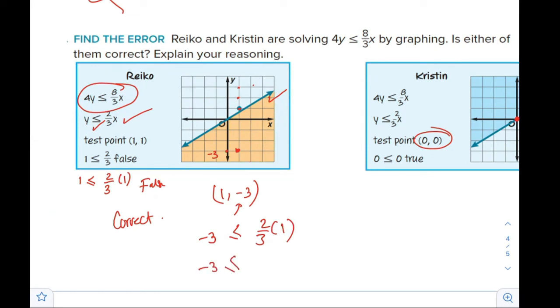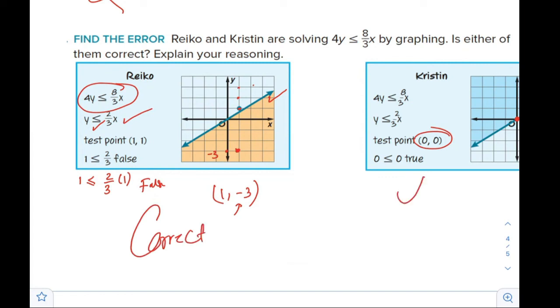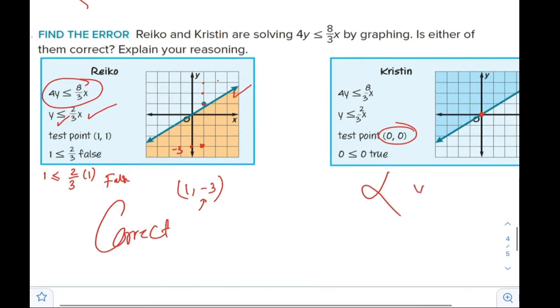Is minus 3 less than or equal to 2/3? Of course, yes. So the shaded area should include this point. You can choose any point. You have an infinite number of test points. So in summary, this is correct and this is wrong because you can't choose a test point on the boundary line.